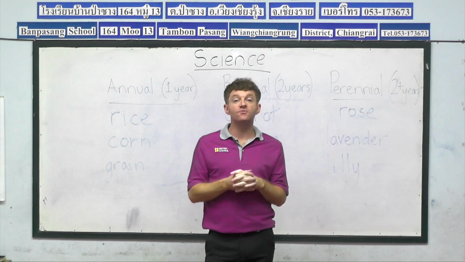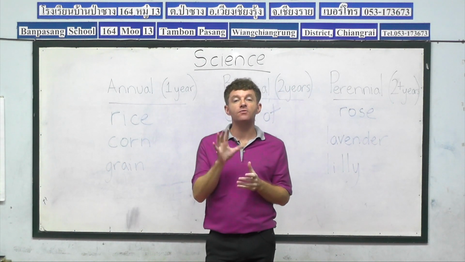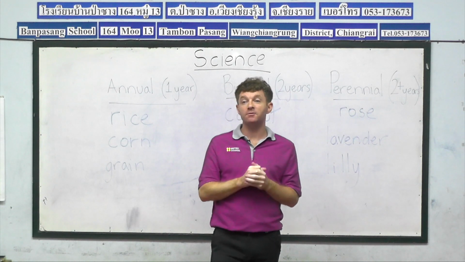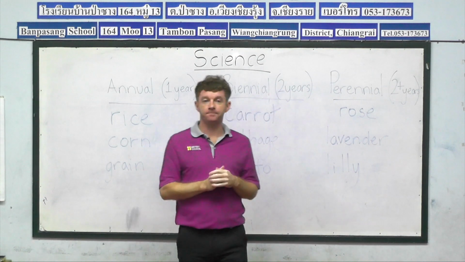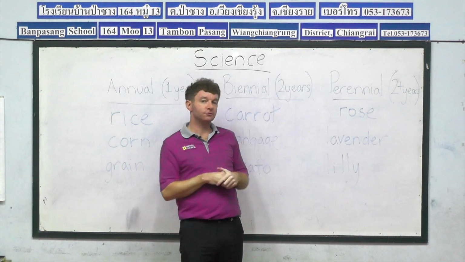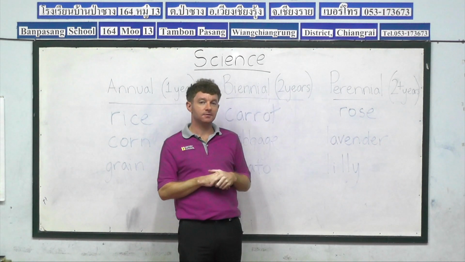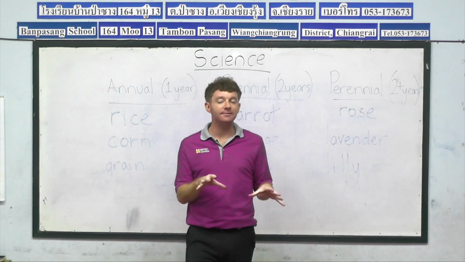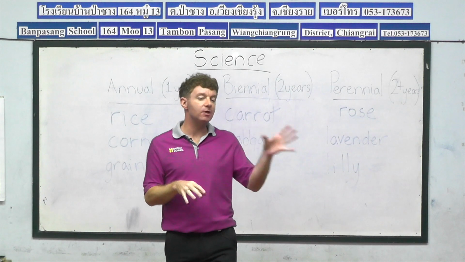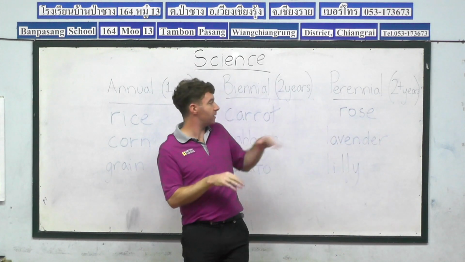And what we're going to do in today's lesson is we're going to focus on a particular type of plant. And some of the examples are on the board already. Rose, lavender, lily. Now, these are all plants, but thinking back to previous categories, what type of plants are these?